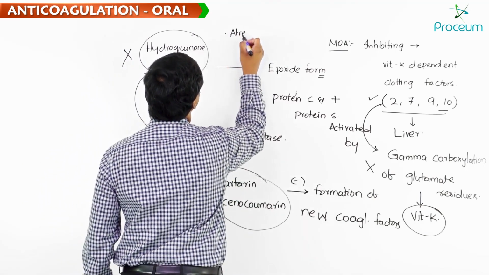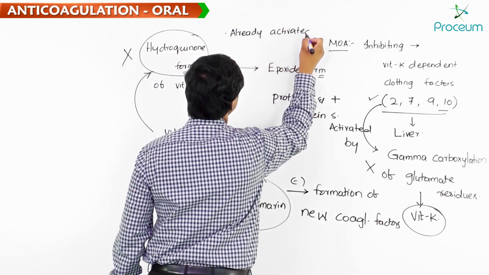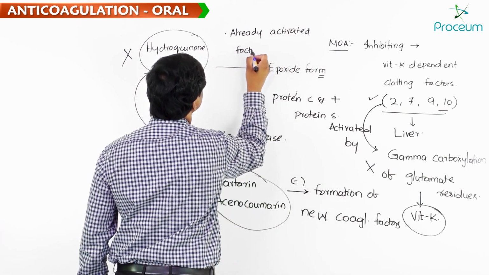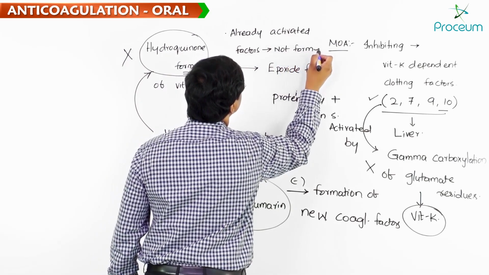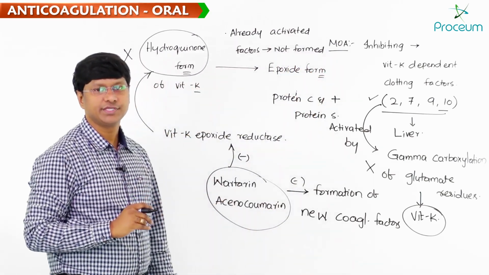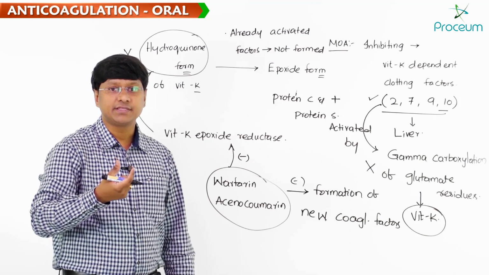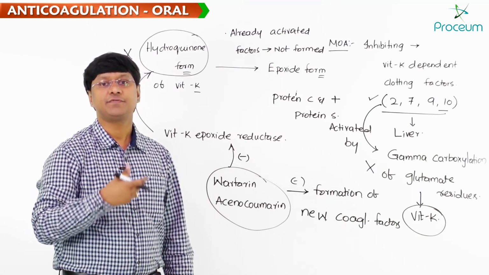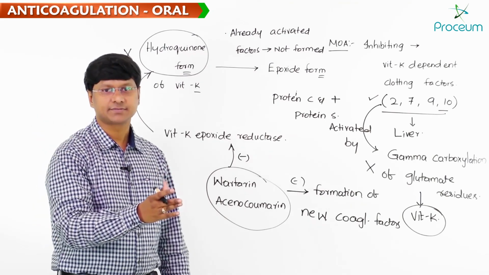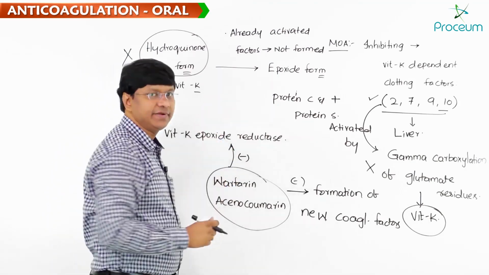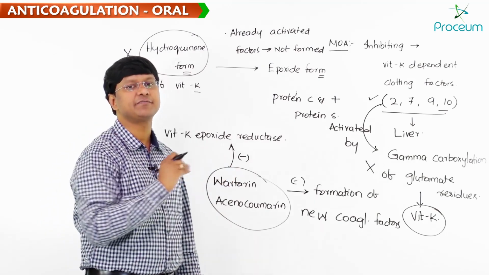So, already activated factors are not affected. Okay. Now, one point you should know is, if you take the onset of action of this particular Warfarin or Sucribe, it is not immediate, because already activated factors take nearly 2 to 3 days to disappear from the blood.